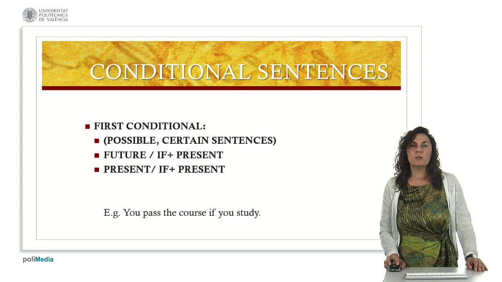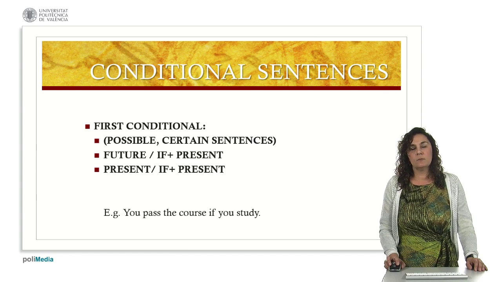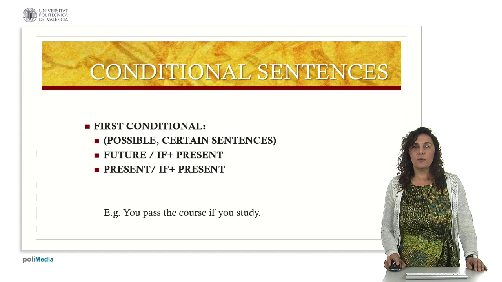First of all, in the first conditional, or sometimes it's called zero conditional, we have a double way of expressing it. We can express facts that always happen. For example, if you heat water, it boils, right? Then it's present and present. As you see, we have in conditional sentences two parts.